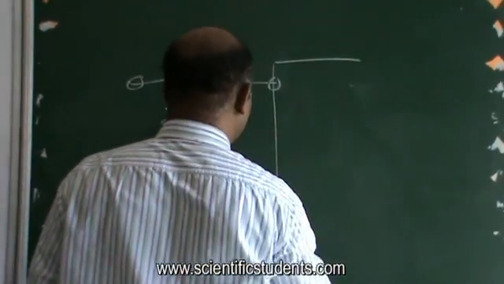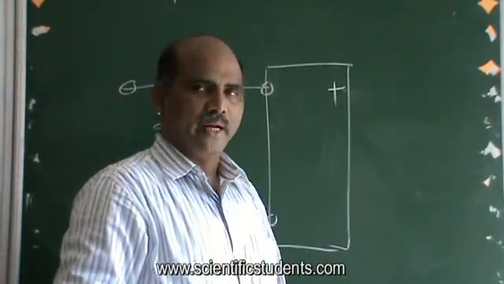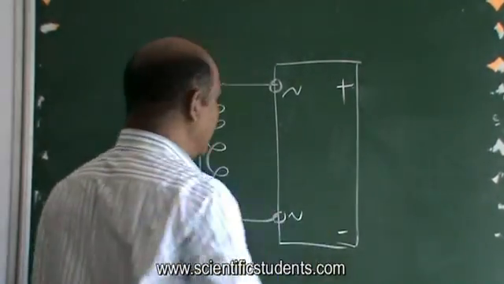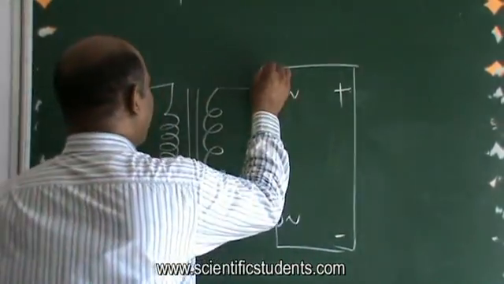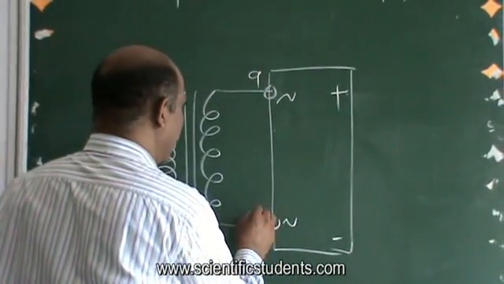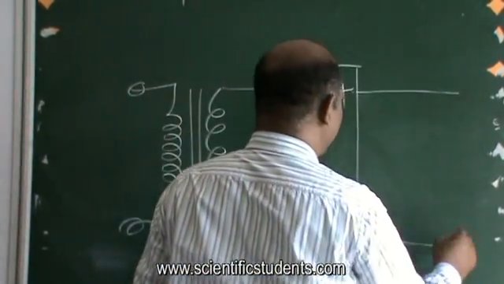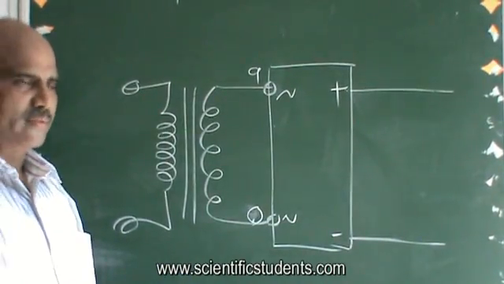There are 4 diodes inside, not 2 diodes, it's 4 diodes inside, and on the bridge there are 2 AC symbols. There you connect your 0 and 9, okay, and then from here you get output plus and minus. Instead of 2, there are 4.